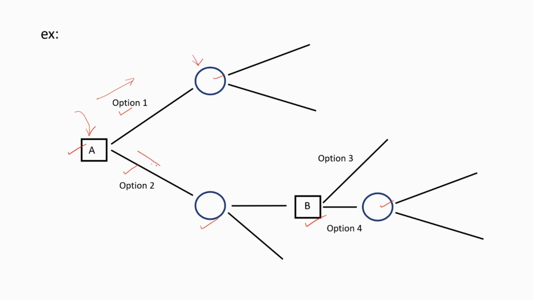If we select the option 2 path, we will meet an outcome point here. And there are further elements after this outcome point. There is again a decision point. Here we also have to make a decision whether to select option 3 or option 4. The path will grow as we make decisions until we meet the final outcome.